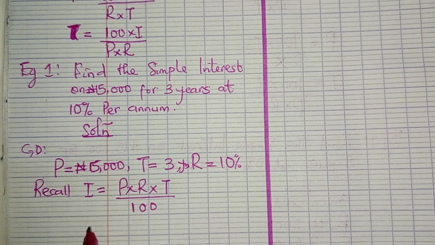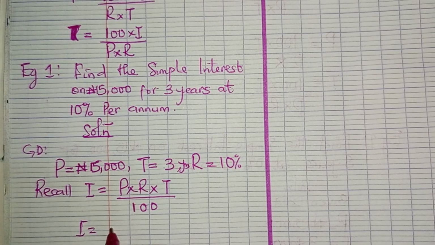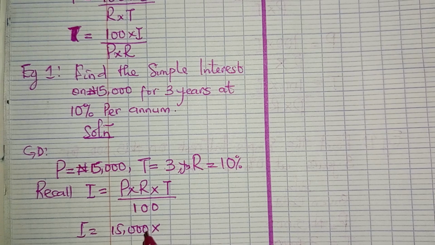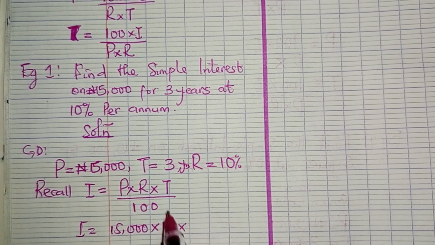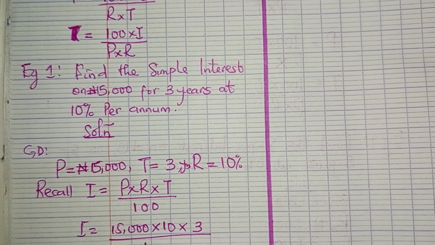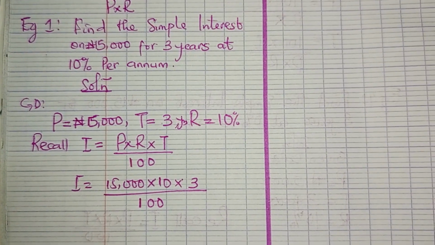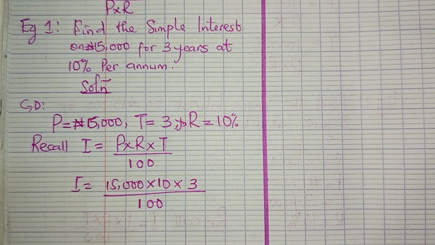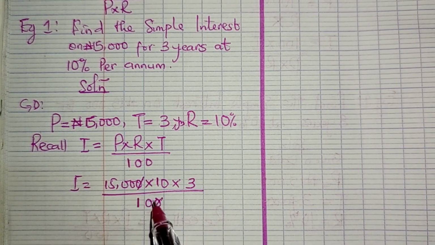Now let's substitute. Our P here is equal to 15,000 multiplied by rate, which is 10, multiplied by time, which is 3, all divided by 100. Cancel zeros.